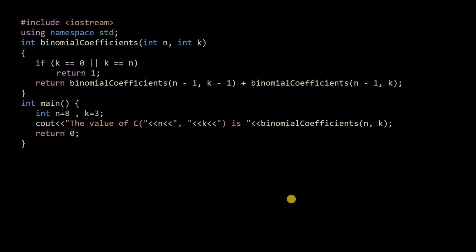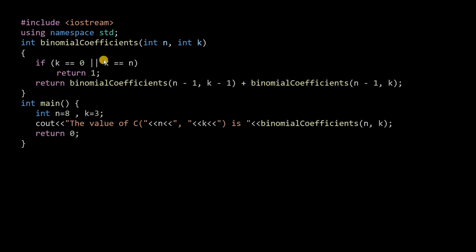So how will you know what our base conditions for this problem will be? You can see here, k equals 0 or k equals n. If you remember nCk, if we put k equals 0 in our nCk formula, with n as anything and k as 0, you will see that every time you get the result as 1.